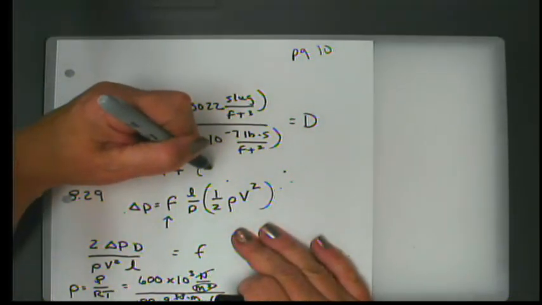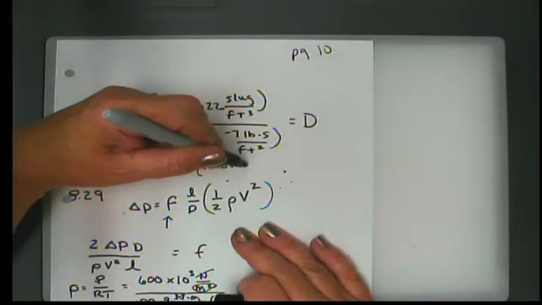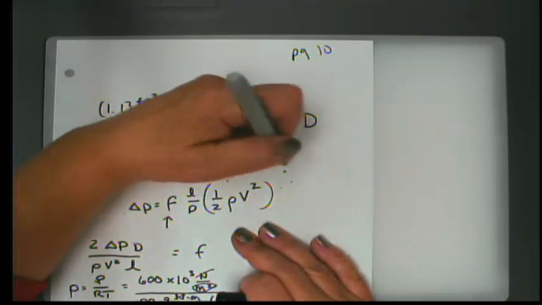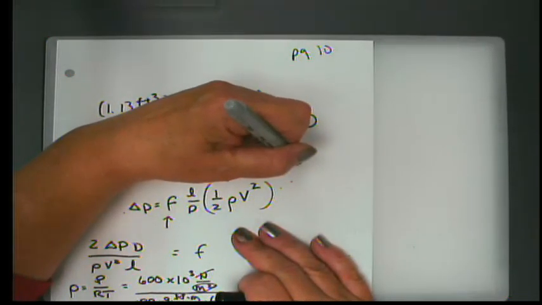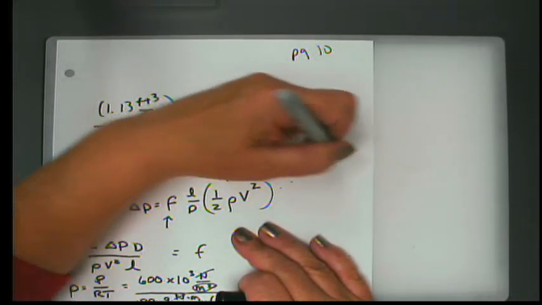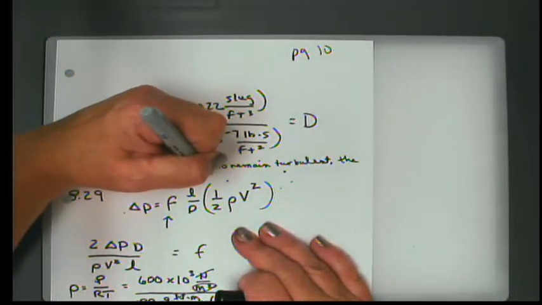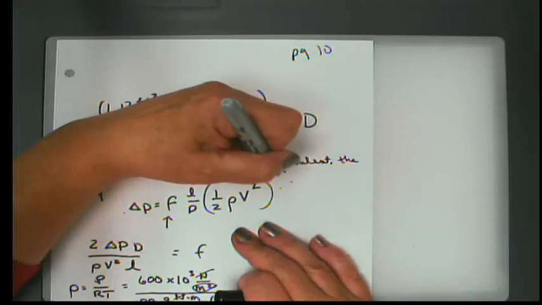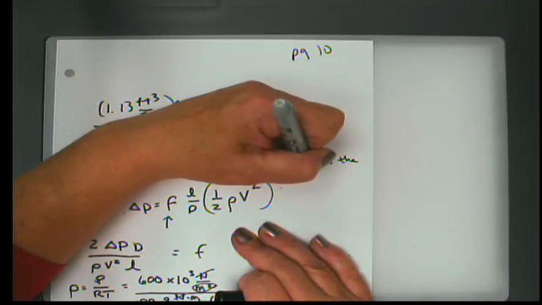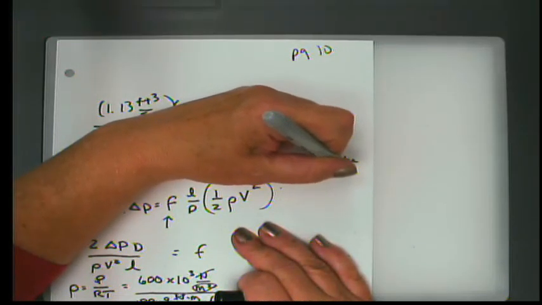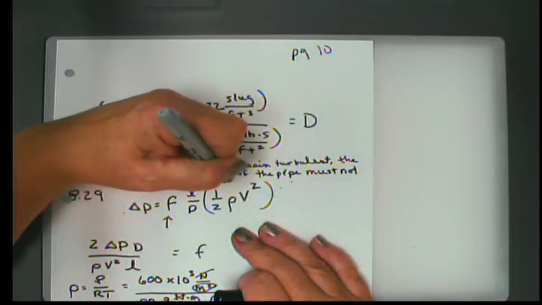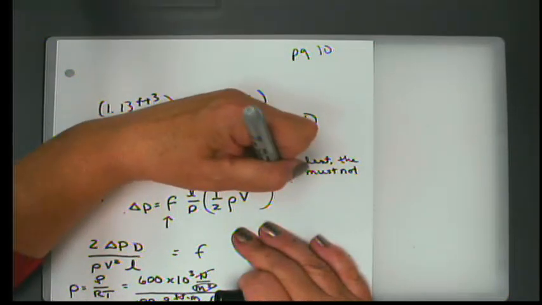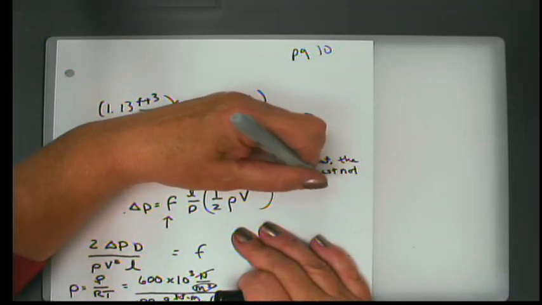Therefore, to remain turbulent, the diameter of the pipe must not exceed 2.01 feet.